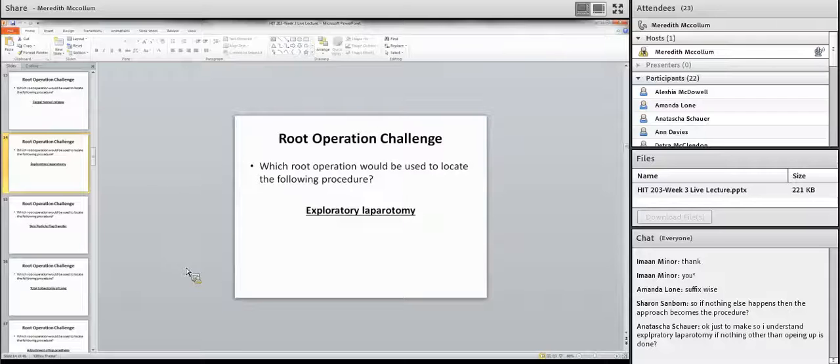So Sharon, yes, it becomes that. In this case, it would be that it's open. So that would be the approach. If they do anything else other than look around, then it would be the approach. That is correct, just like the colonoscopy.